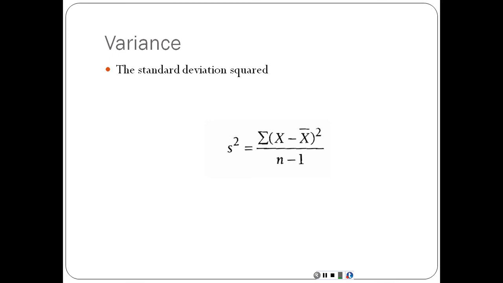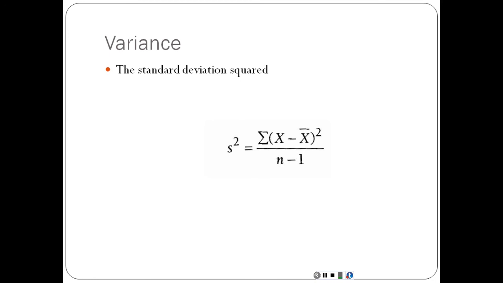So if you take the standard deviation and never complete the last step of taking the square root, you have the variance. In other words, s squared is s times s, or the variance equals the standard deviation times itself, or squared.